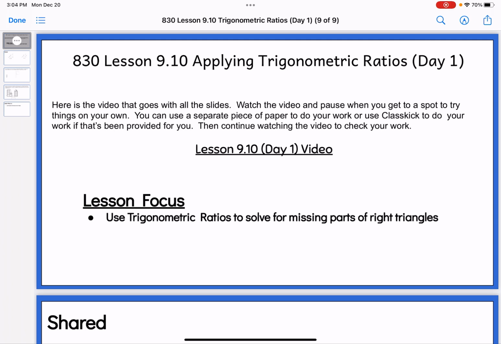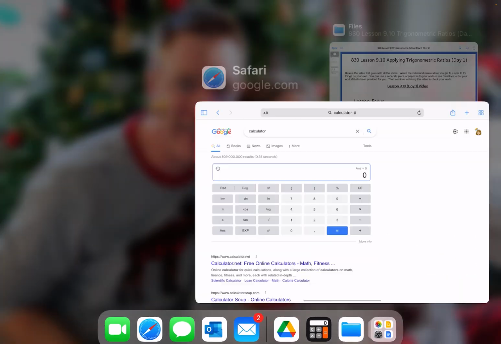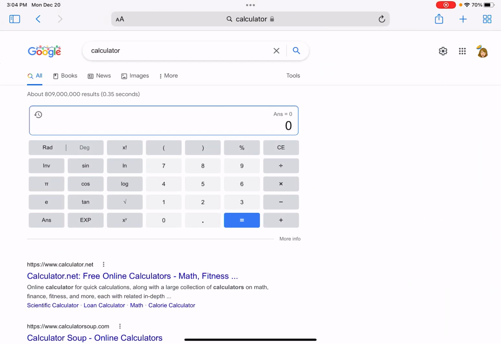I highly recommend that you have a handheld calculator like we put on your school supply list that you should be bringing to school every day. If you absolutely don't have one of those handy, then I definitely recommend that you go to Google and use the Google calculator that looks like this rather than the calculator on your Chromebook, because this will have a lot more things going on that you can do, and I'll show you how to use this one.